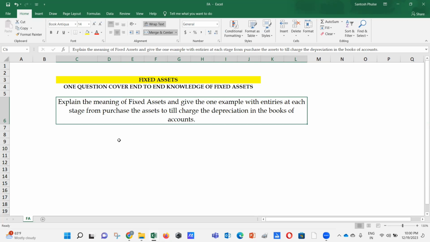Until our asset is ready for capitalization, ready to be put to use, we have to park that asset in CWIP, capital work in progress. Depreciation is not going to be charged on the CWIP asset until that asset is capitalized, not ready to be put to use.